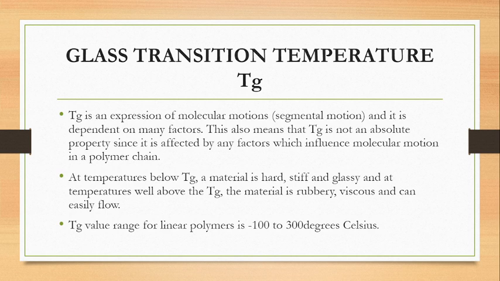And the more difficult it is to make segmental motion, the higher the temperature that is needed to make sure that those motions take place. That means that Tg values increase with the reduced space of segmental motion.